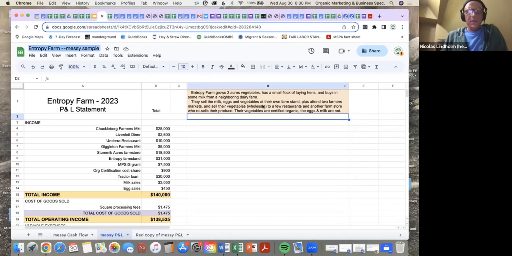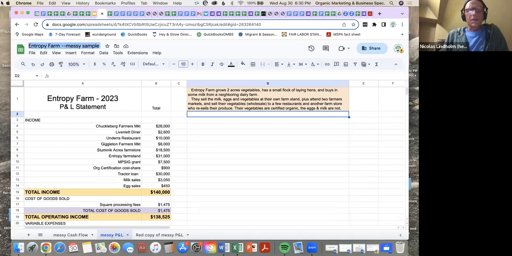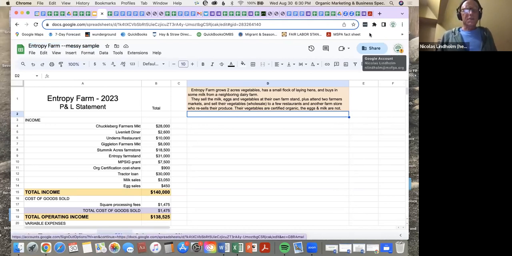I'm going to try and make it as big as possible so folks can see it. Looks like it might be as big as possible there. Is that suitable for folks? Give a shout if it's not looking too good.